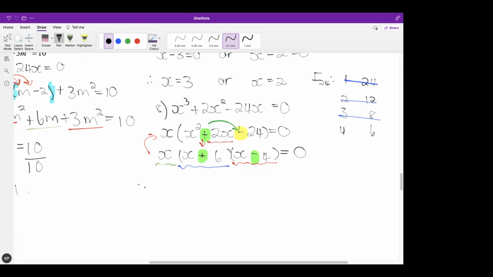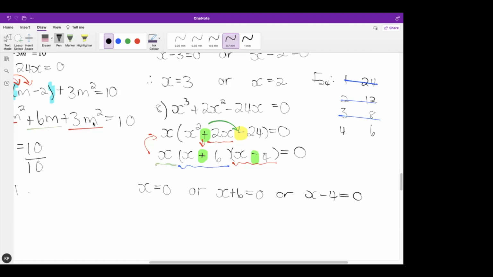3. So either x is 0, because if x is 0, it doesn't even matter what these brackets are, because 0 times anything will just give me a 0. Okay, so either x is 0 or x plus 6 is 0 or x minus 4 equals 0.